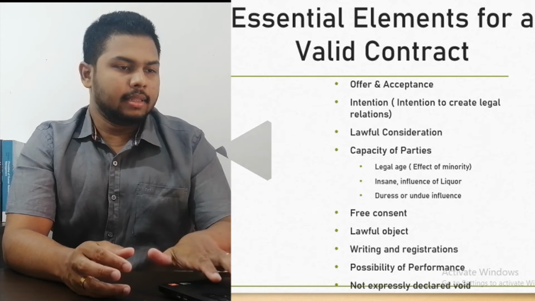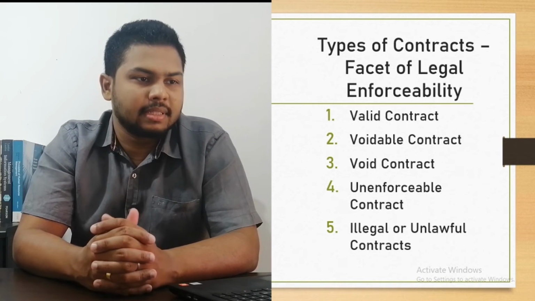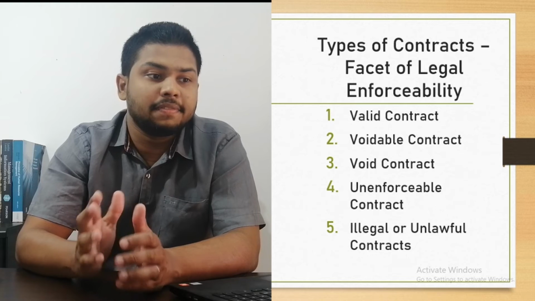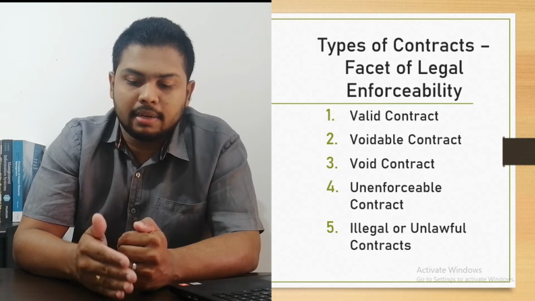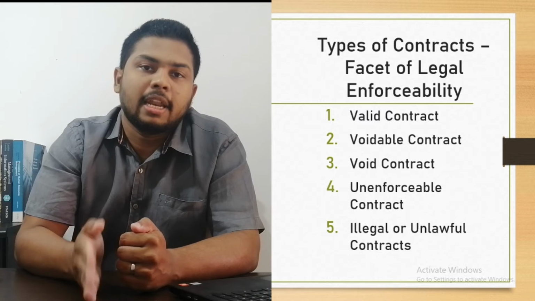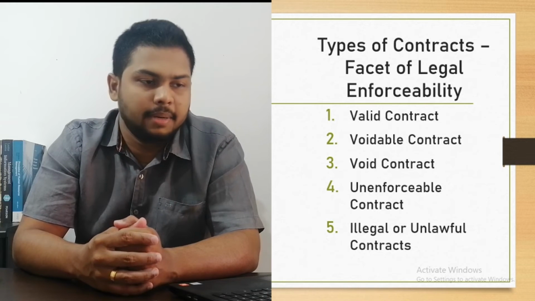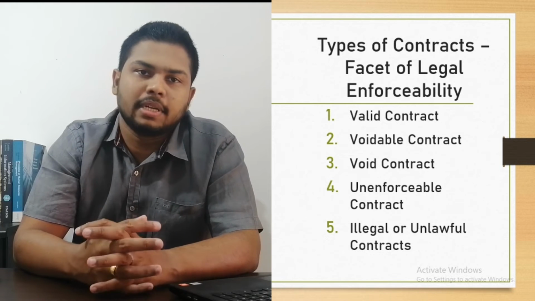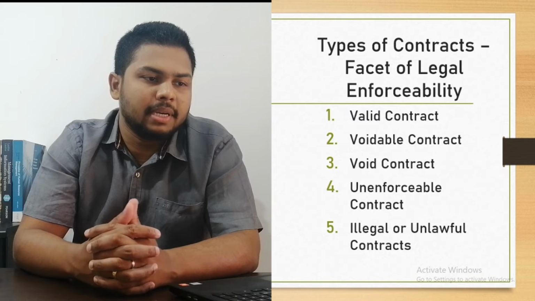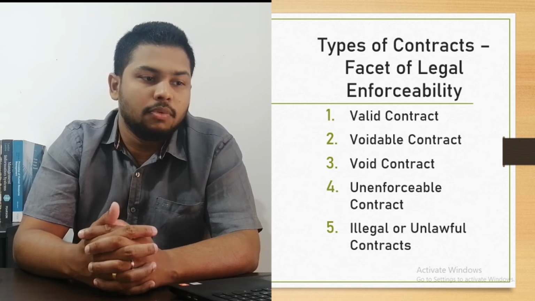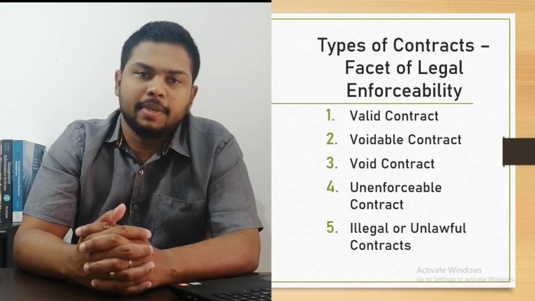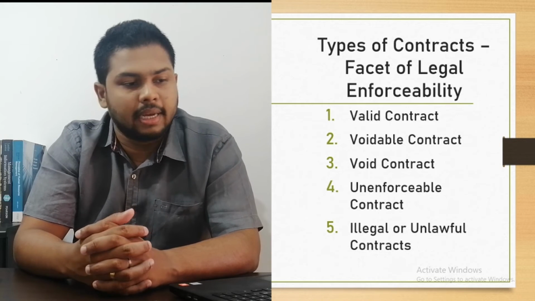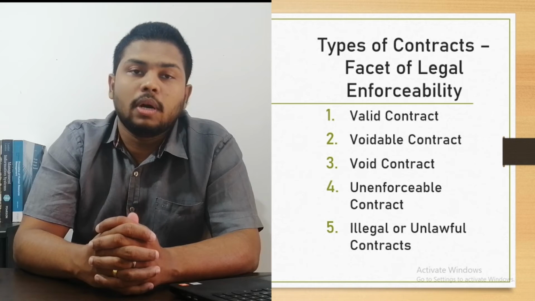Fine. Then moving to the types of contracts based on the facet of legal enforceability. How can the law enforce these agreements, right? There are basically 5 types of agreements. We can call them valid contract, voidable contract, void contract, unenforceable contract, as well as the illegal or unlawful contract.